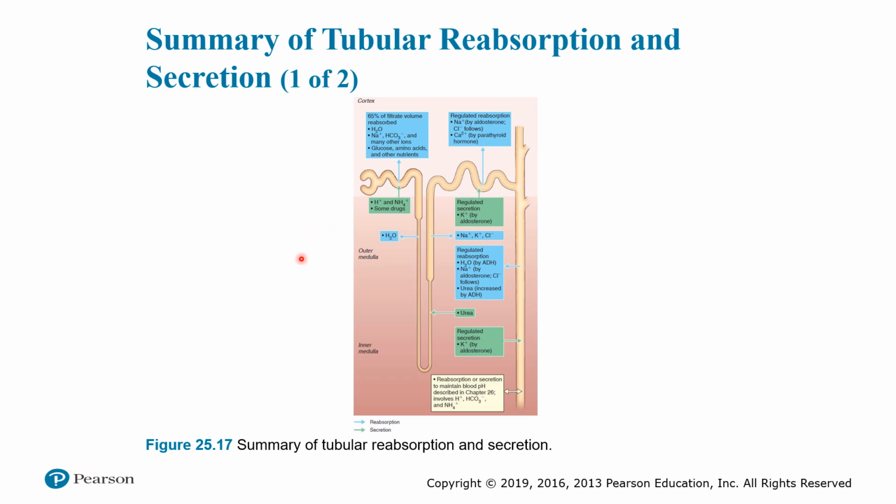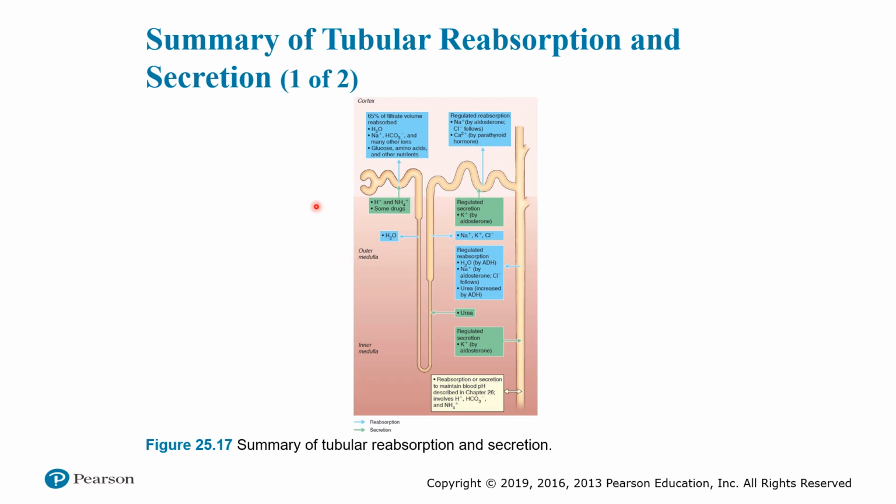The descending limb is permeable to water, but the ascending limb is impermeable to water, but it is permeable to the solutes. In the thin segment, the reabsorption of the sodium is passive, but in the thick segment we have the sodium potassium chloride symporter, and then we also have the sodium hydrogen antiporter, and then we also have the sodium potassium ATPase.